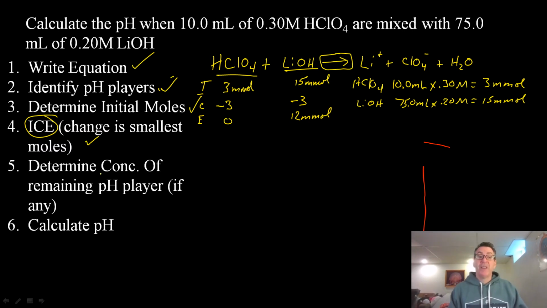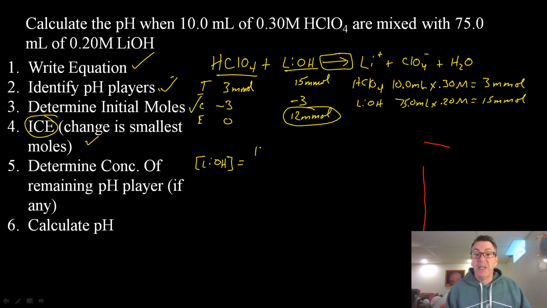Number 5 then says, determine the concentration of any remaining pH player, if there are any. And we do have a remaining pH player. That's the 12 millimoles of lithium hydroxide. So to find that concentration of lithium hydroxide, to show concentration, we put it inside of square brackets. You're going to take your millimole amount, the 12 millimoles that we have there, and we're going to divide it by the total volume.